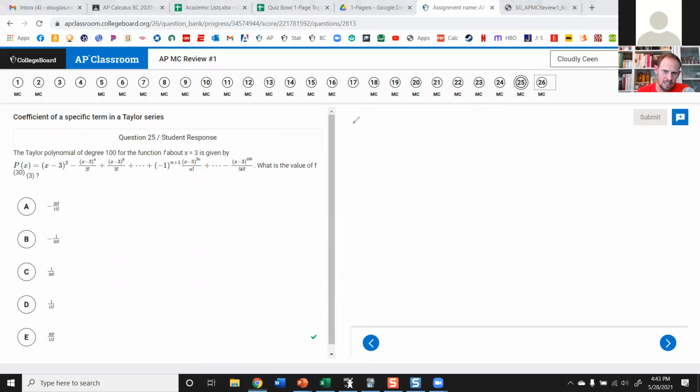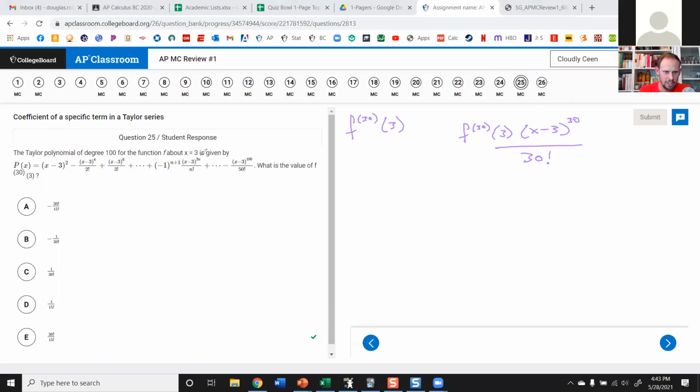But what it wants is the 30th derivative at 3 for f, and it's giving you this polynomial. The 30th derivative is going to be the coefficient of the x minus 3 to the 30th. Remember, it's f^(30)(3) times x minus 3 to the 30th over 30 factorial is the actual term.